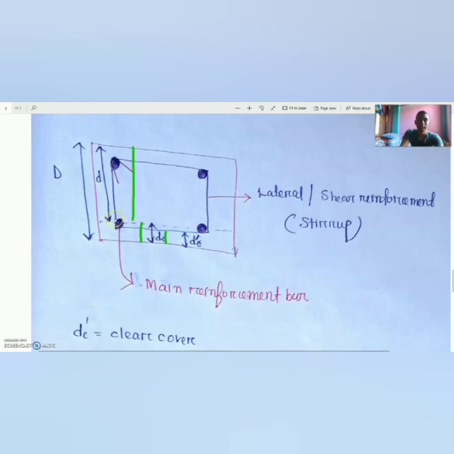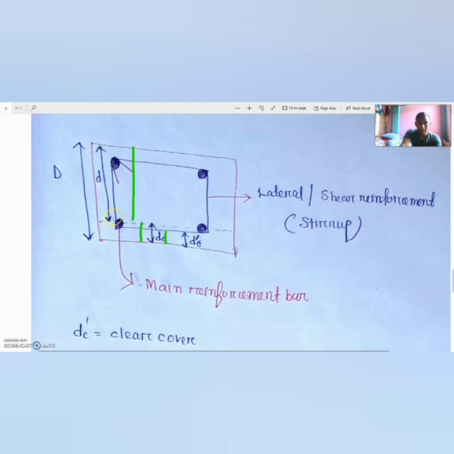Now effective depth: from the top to the center of the bar is known as the effective depth, and this small d is the effective depth. Just remember, it goes to the center of the main reinforcement bar, which is made of steel. You can see it in the picture.